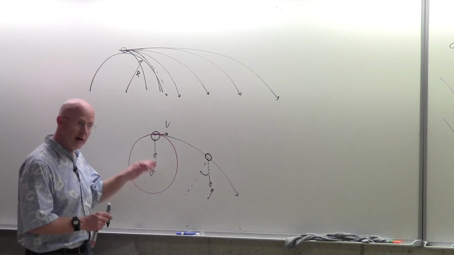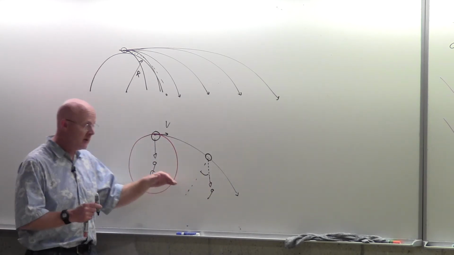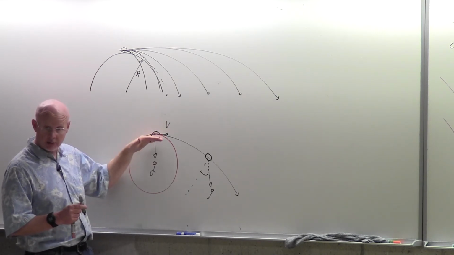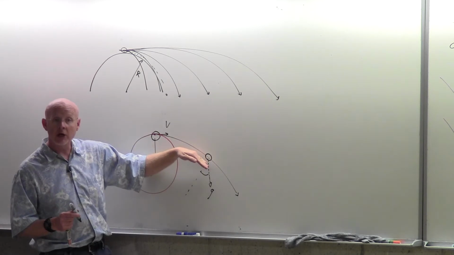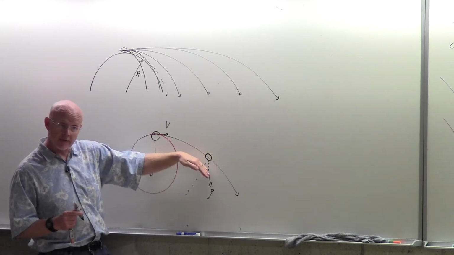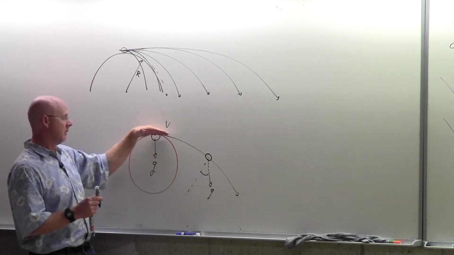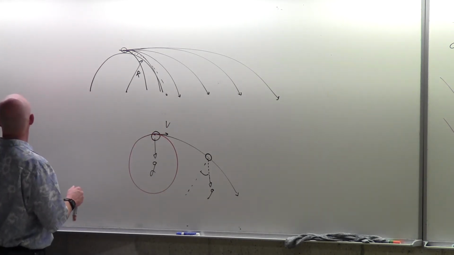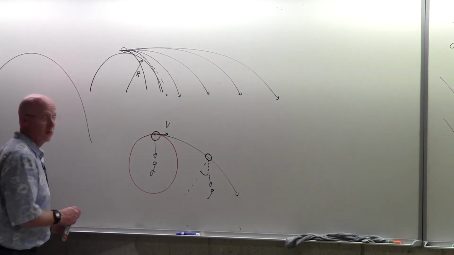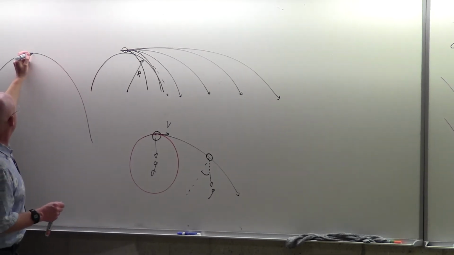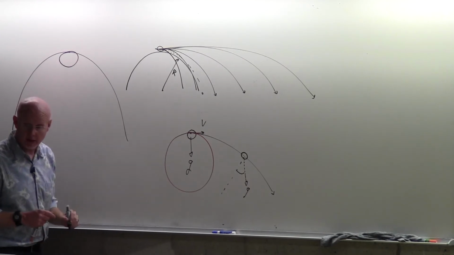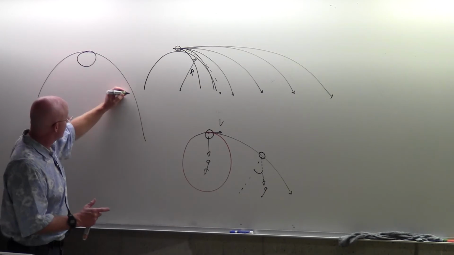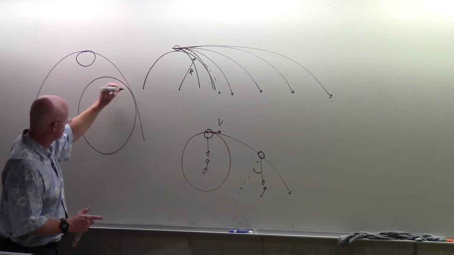So a good way to describe a ball flying through the air is at this point, all of gravity is in the radial direction. Over here, only a component is, and so the radius of curvature here is bigger than the radius of curvature here. So when you draw a parabola, I think you see that. Where does the parabola have the tightest part of its curve? Right there. And then as you move over here, it opens up and has a bigger and bigger radius of curvature.